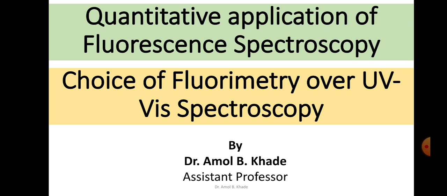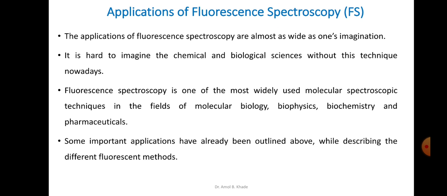We have seen the difference between fluorescence and phosphorescence, and this is basically a quantitative spectroscopic technique, so we can find out the concentration of analyte in the given sample. We will be discussing the applications of fluorescence spectroscopy with main emphasis on the pharmaceutical applications.